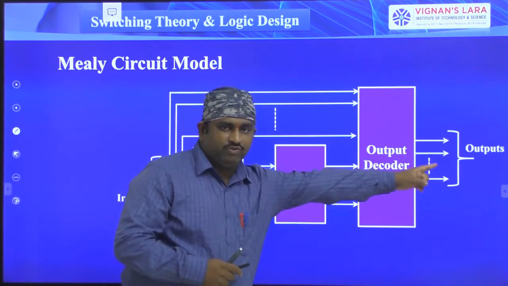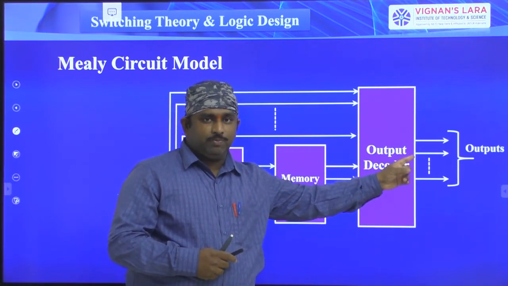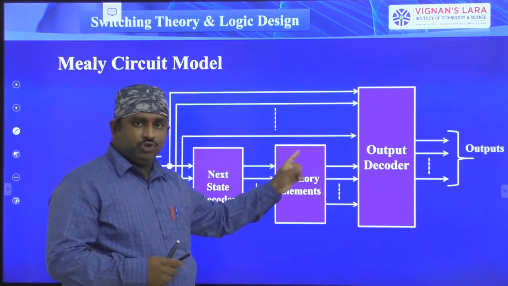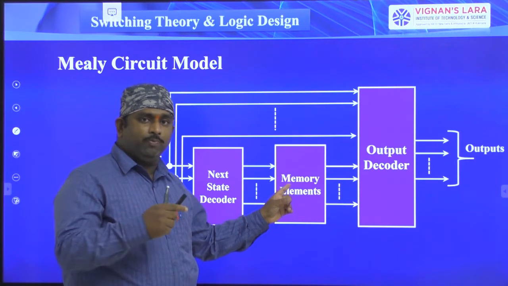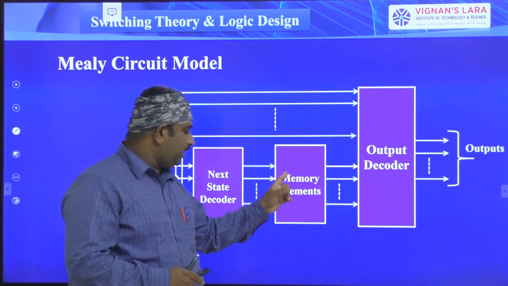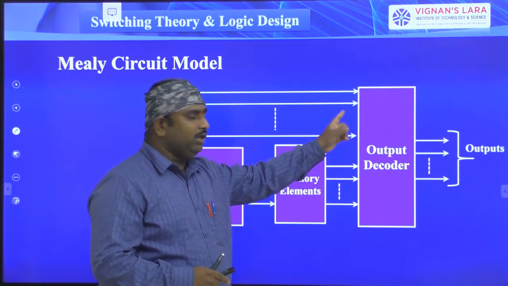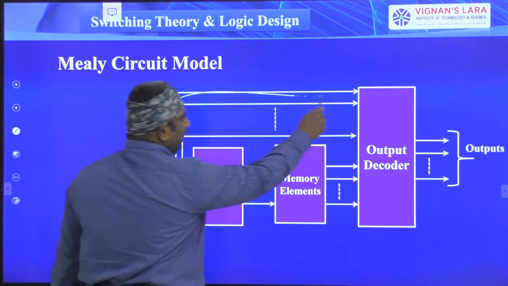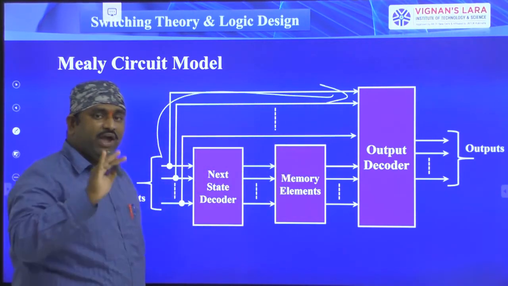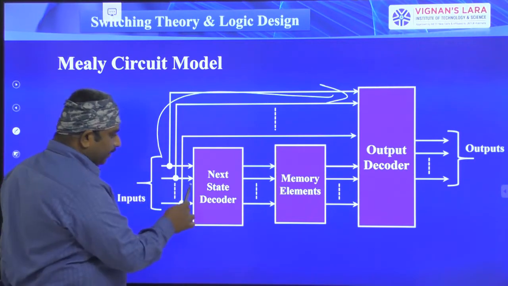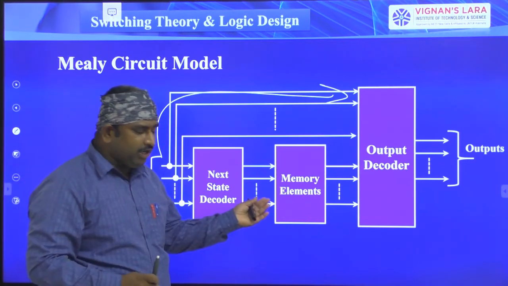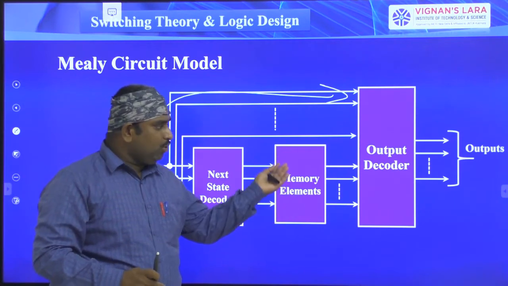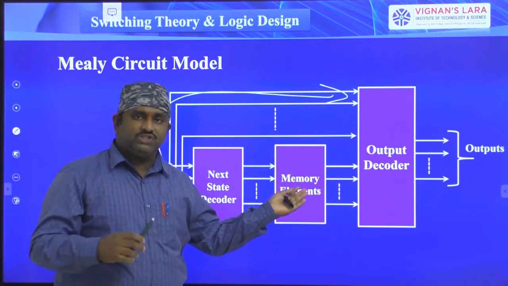The output of the Mealy model depends upon the present state, so the present state is nothing but the output of the system, S of t. Coming to here, these are the inputs. The direct inputs I have given here for the final output decoder, and these are the next state decoders and some memory elements which store the previous state values.